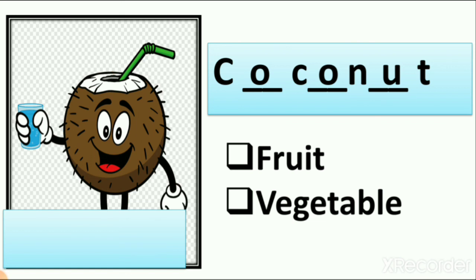C, O, C, O, N, U, T. So here is coconut. So let's write the spelling together. C, O, C, O, N, U, T.